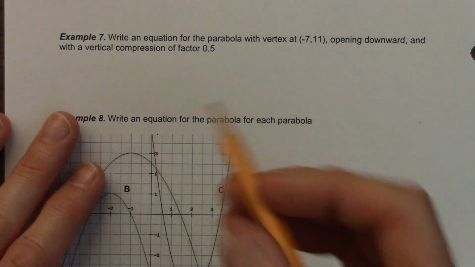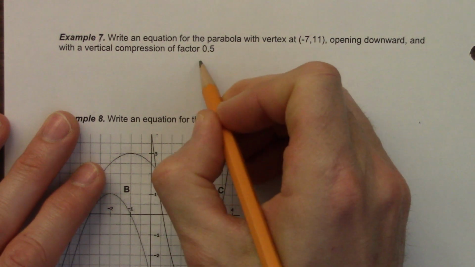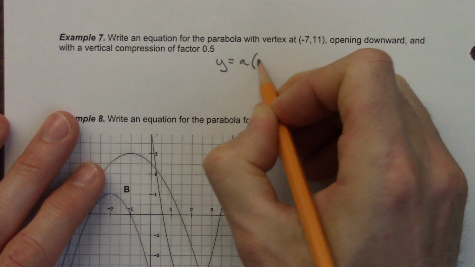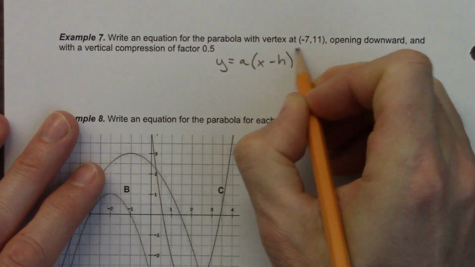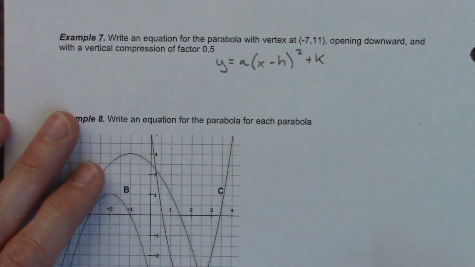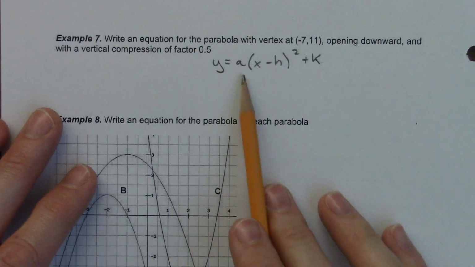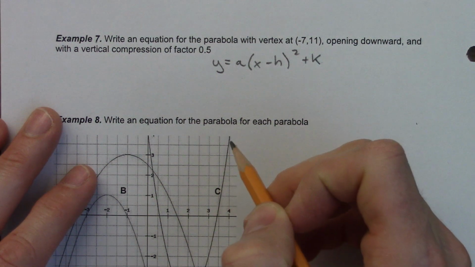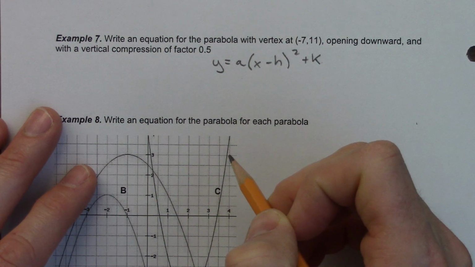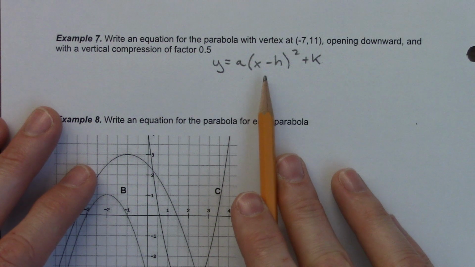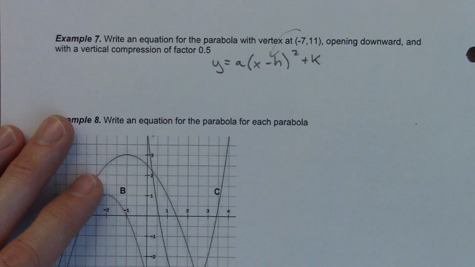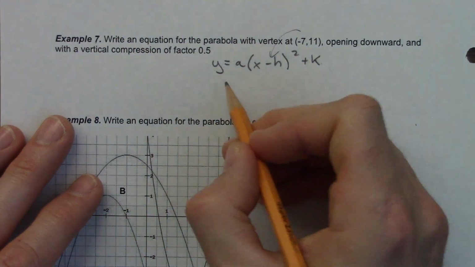So I'm going to help you out here, Josiah. I'm going to write the vertex form. You're going to try and fill in some of these variables. Okay? There's our vertex form. X is -7? Not X, but H, right? So let's fill it out.